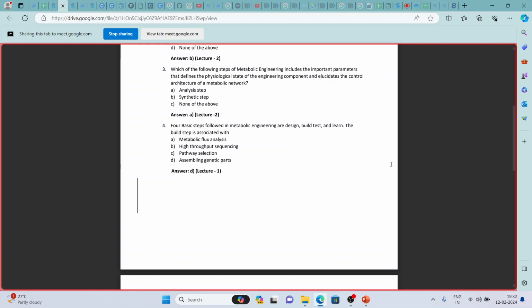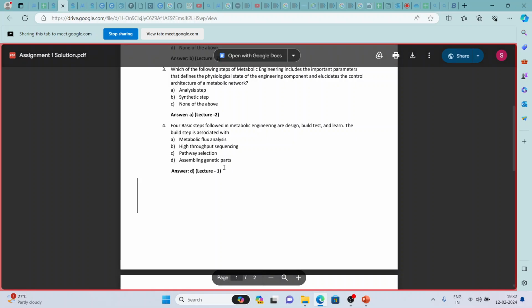The part where we work with the components is the build step, and the test step is when you assemble all the components, put all of them together, and see if there is an improvement in the yield in metabolic engineering. Then you try to go back and see if a particular set of modifications have contributed to a particular yield. What or how does it actually change? That is the learn step. So corresponding to that, the right answer here is assembling genetic parts. That is the build step.